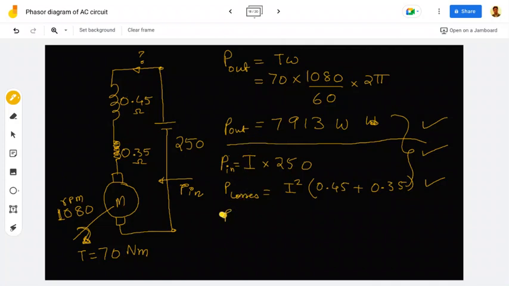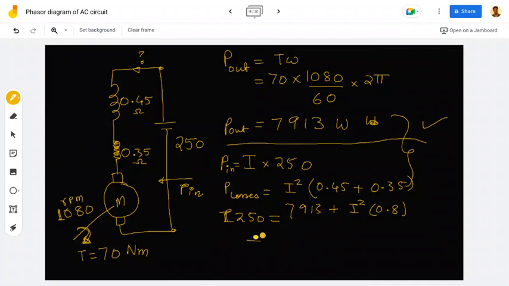So this I into 250 is nothing but these two, 7913 plus these losses. Here I'm ignoring the rotational losses. So I think this is 0.8, right? 0.45 plus 0.35. Yeah. So if I ignore the rotational losses here, I got the equation. I can find the I.